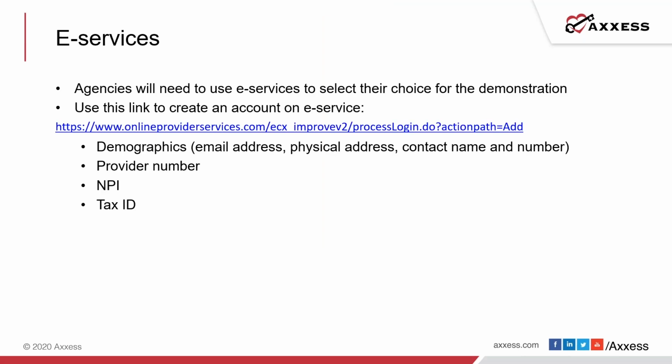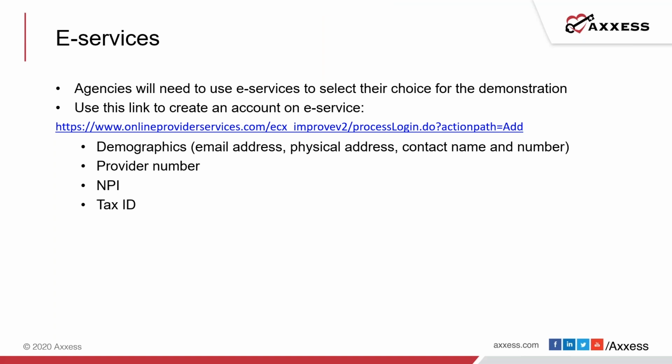One of the things that we also need to be mindful of is, regardless as to how you're sending your pre-claim review submission or your ADRs for the post-payment, you will have to make your selection for the review choice demonstration via e-services.